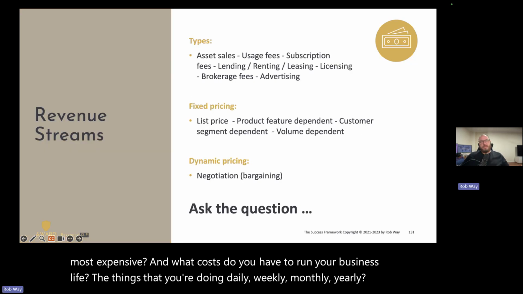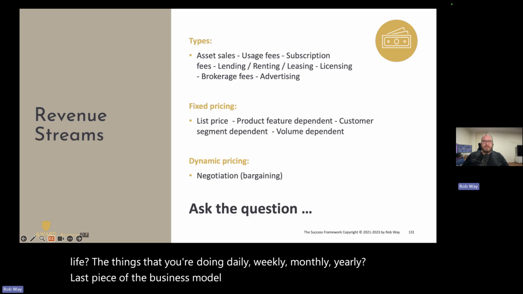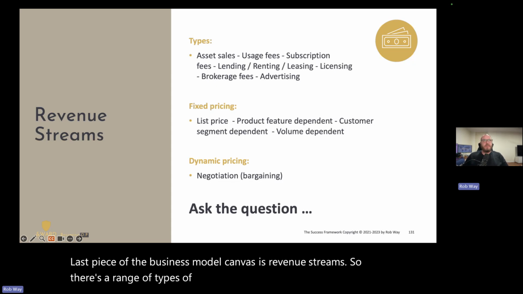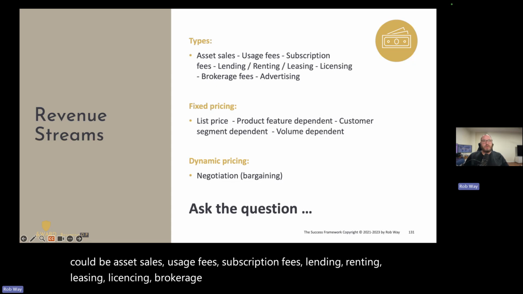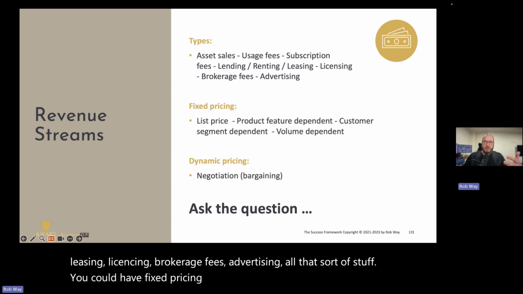Last piece of the business model canvas is revenue streams. There's a range of types of revenue streams that you'll have. There could be asset sales, usage fees, subscription fees, lending, renting, leasing, licensing, brokerage fees, advertising, all that sort of stuff. You could have fixed pricing, so there might be a list price.